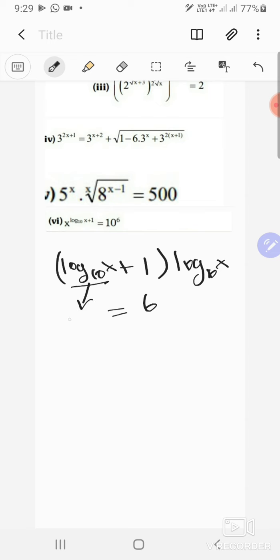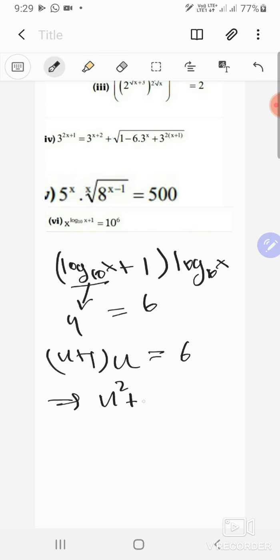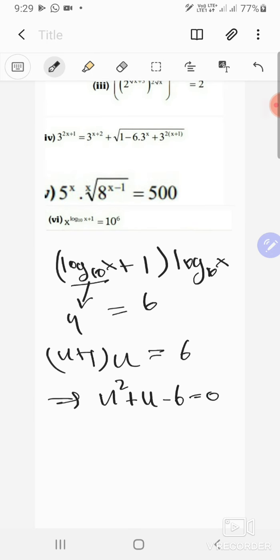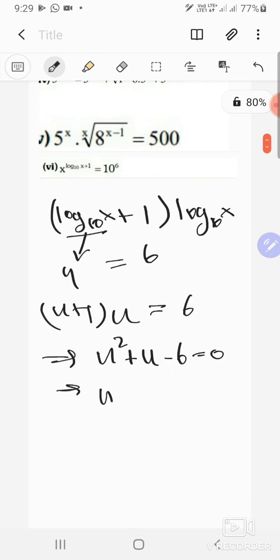Let this thing be equal to u, so that will be u plus 1 into u equals 6. So that gives me u squared plus u minus 6 equals 0. Yeah, so that gives me u plus 3 into u minus 2 equals 0. Fine.